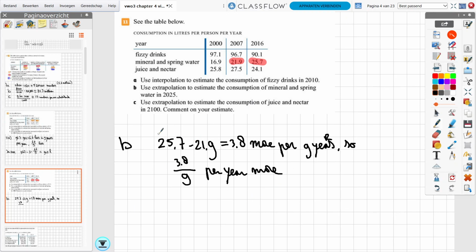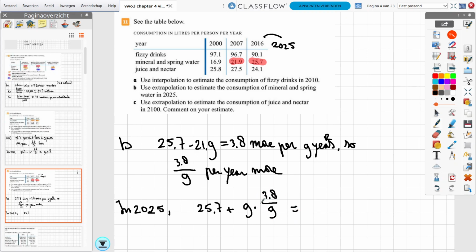Why not? Because we're going to take a look at what happens in 2025. And in 2025, we take the data from 2016. Now you see something fun happening, because this is per year, and again we are 9 years in the future. We go to 2025, that's 9 years more, and we already had exactly what I had for 9 years more. So I could just do plus 3.8 here, and then I have the answer. Or if you didn't see that, just as I didn't see that at the start: this is per year, but I have 9 years into the future.